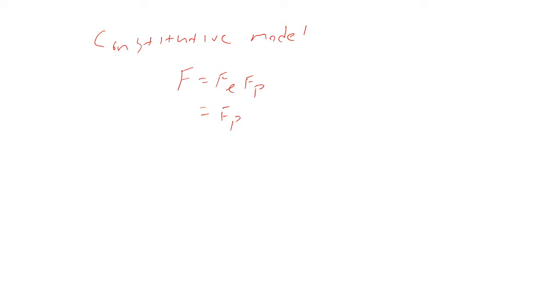We're assuming the elastic part is identity. And our velocity gradient tensor is the sum over all the slip systems of the shear rates, right? So to get our deformation rate, we just sum up all the shear rates of all the slip systems, right? So this is our kinematics.